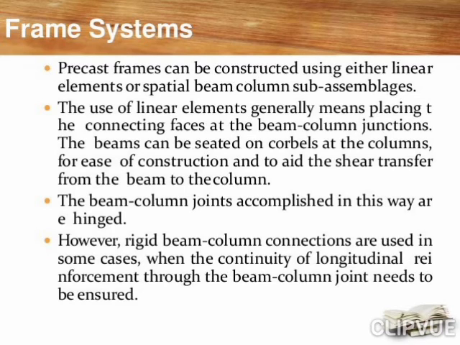The beams can be seated or corbels at the columns for ease of construction and to aid the shear transfer from the beam to the column. The beam column joints accomplished in this way are hinged. However, rigid beam column connections are used in some cases when the continuity of longitudinal reinforcement through the beam column joint needs to be ensured.